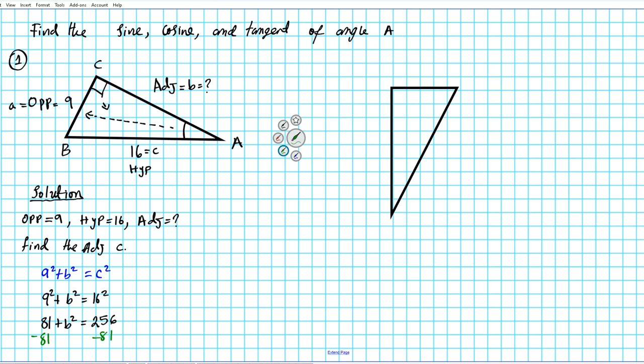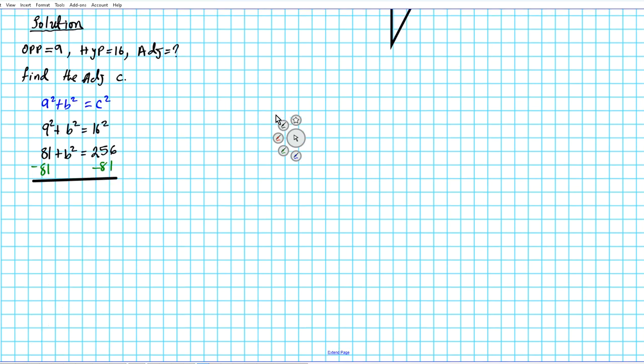That gives us b squared is equal to 175. Now to get b by itself, we'll simply take the square root of both sides of the equation, since the inverse of square is square root.